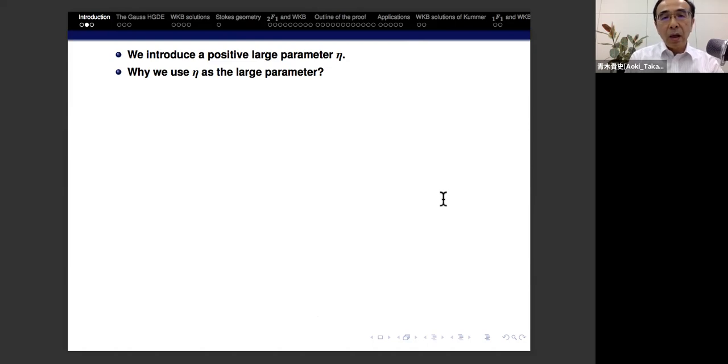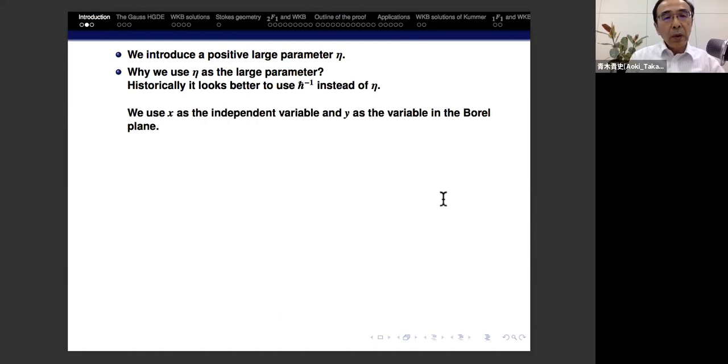Historically, of course, it looks better to use h bar inverse instead of eta. We use x as the independent variable and y as the variable in the Borel plane.